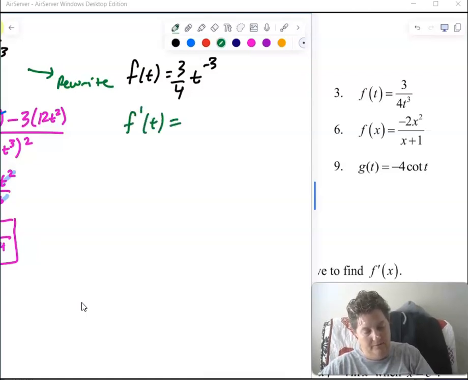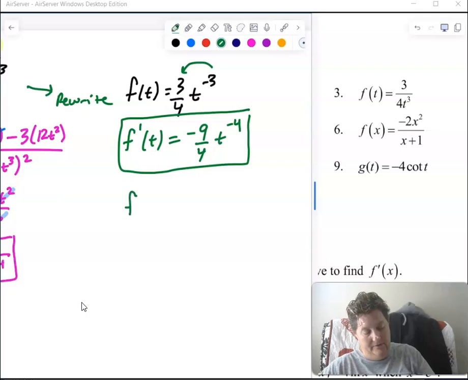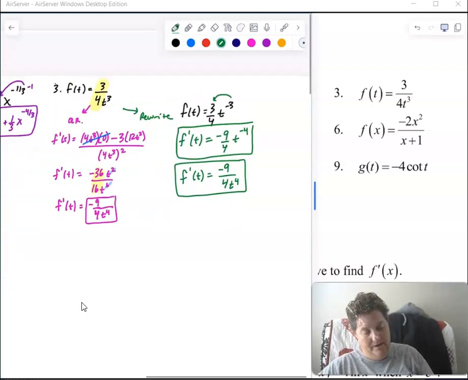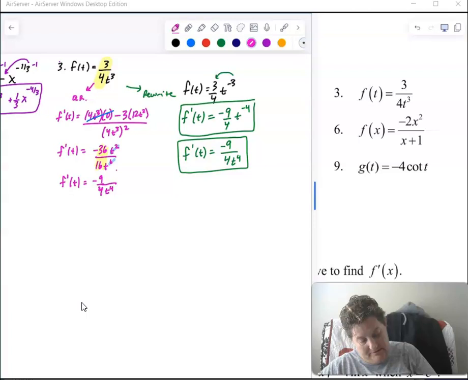Power rule, so 3 times negative 3 is negative 9 over 4, t to the negative 4th. Okay, I can leave my answer like that, or I can write it as negative 9 over 4 with a t to the 4th on the bottom. And if you look, that was clearly a much faster way of getting to this exact same answer.